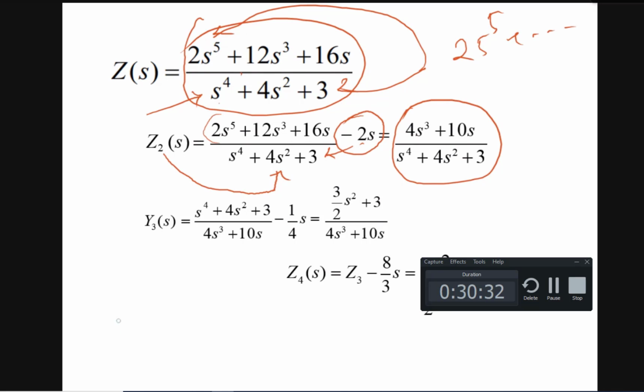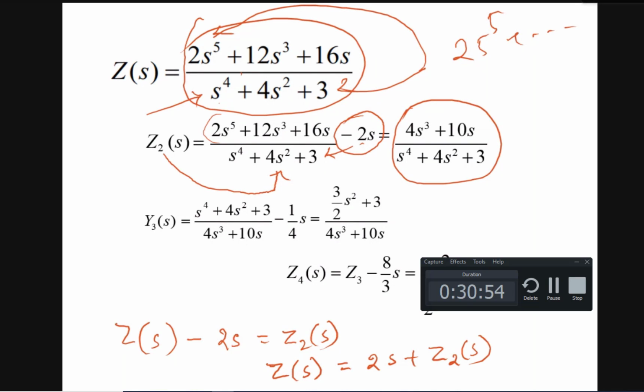Or I can write Z of s minus 2s equals Z2 of s, or Z of s equals 2s plus Z2 of s. And again this is Z2 of s.